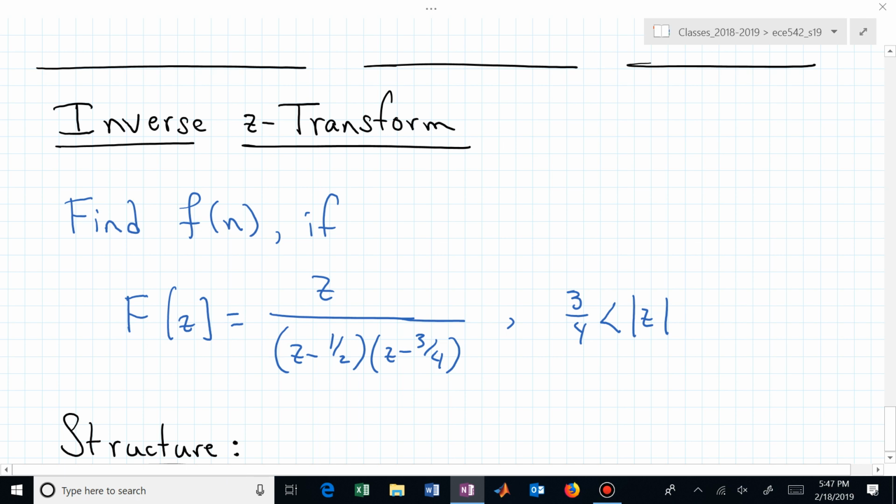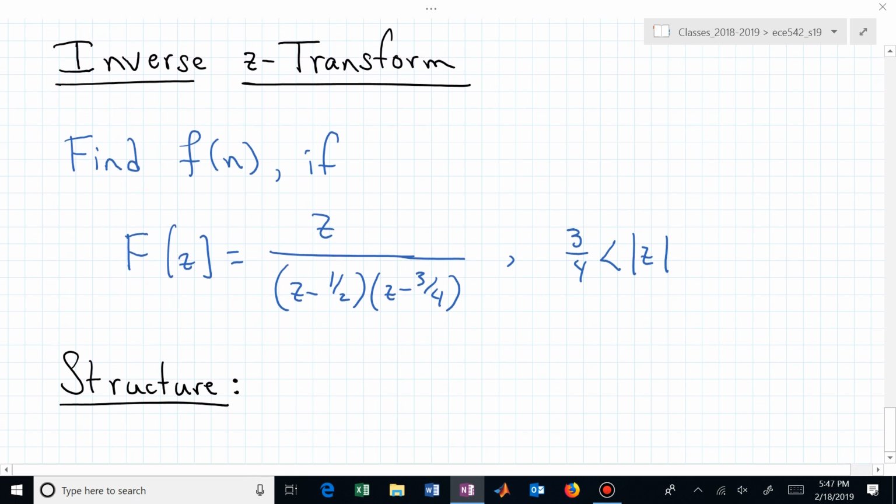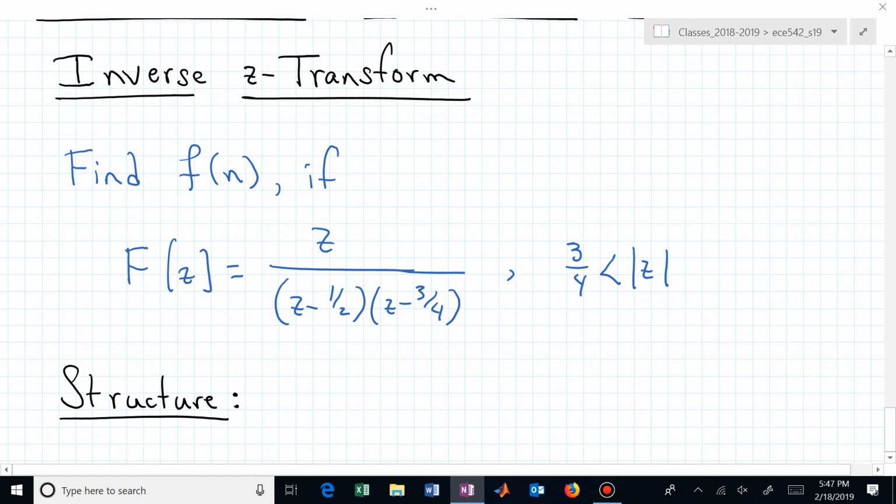In general, what's the structure of f of n for this example? Can you write down the structure for f of n without identifying coefficients other than the modes? And here I would argue that the structure in discrete time is more straightforward than the structure in continuous time.